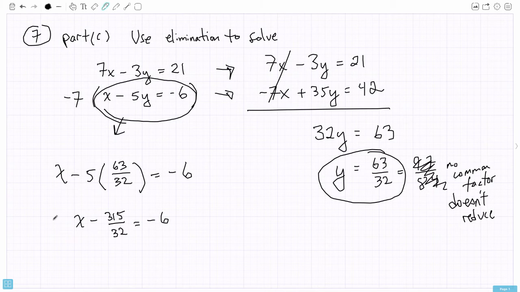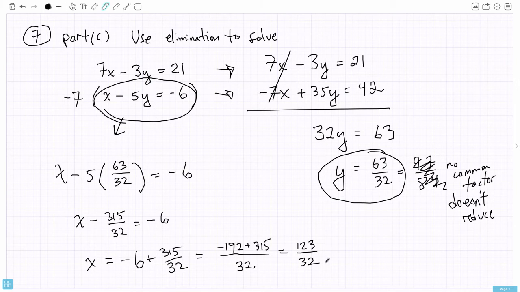I was going to say multiply both sides by 32, but it's just as easy here just to go right for the x and then get a common denominator. 6 times 32, 192, negative 192. So that's the x value.